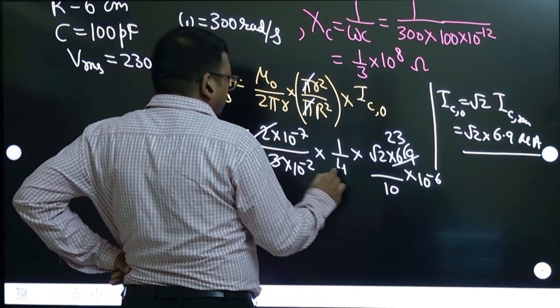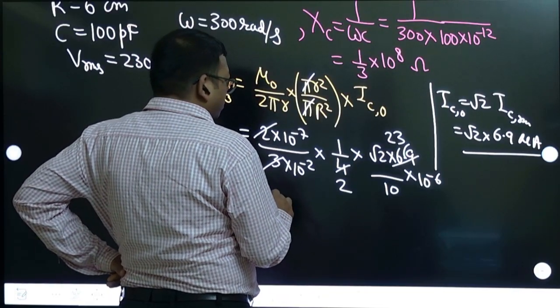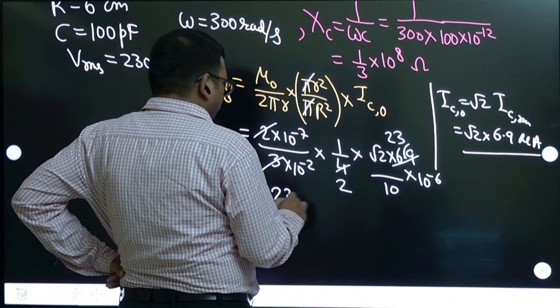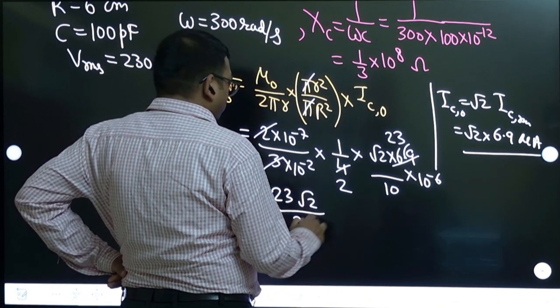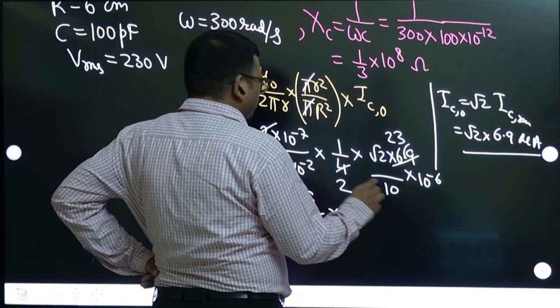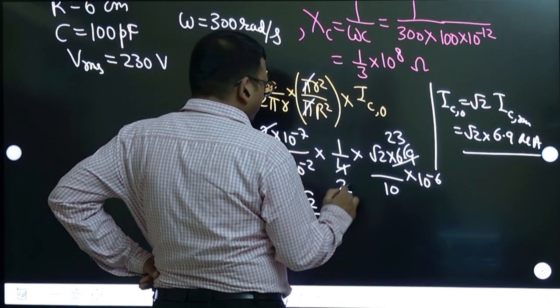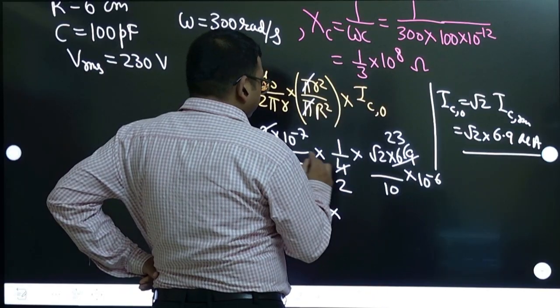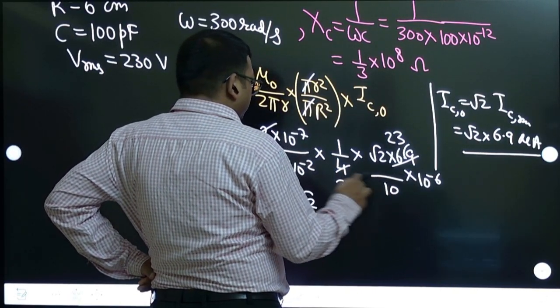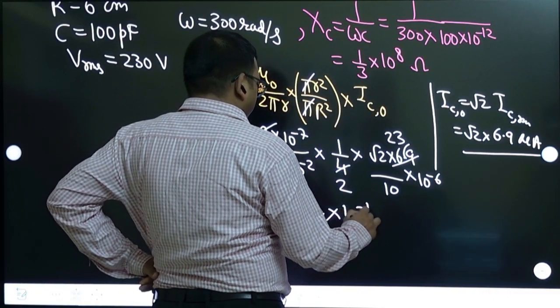Here these 2 also can be cancelled with 2. So 10 to the power minus 2 here. 23 root 2 by 2 I am taking, and 10 to the power minus 7 minus 6 minus 13, and here it is coming minus 12 will come.